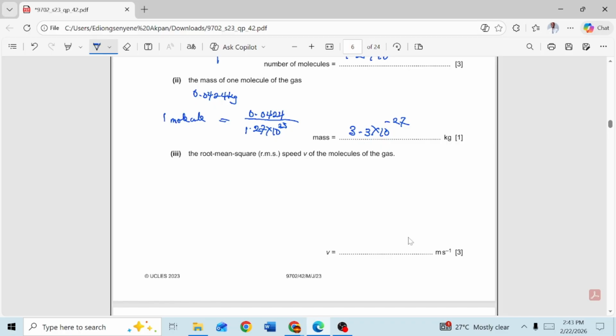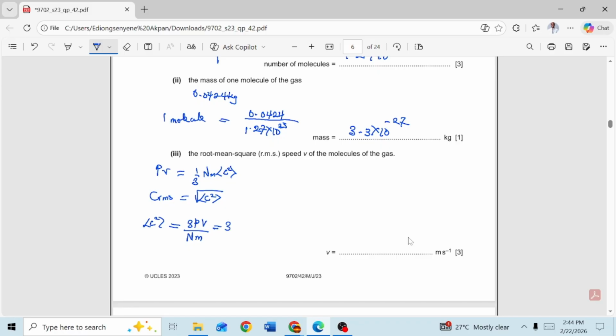In this one, remember we have PV equal to 1 over 3 Nm mean square speed. We are asked to find the root mean square. Root mean square is simply square root of mean square speed. For us to find this, we will first find the mean square speed and now put it together. This will give us mean square speed equal to 3PV over Nm.